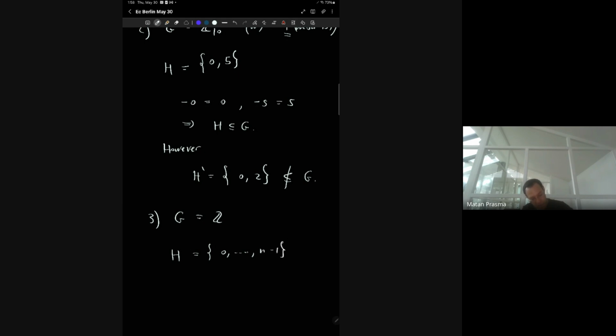Of course, when I say G is the integers, I really mean G being the integers with addition and the 0 element. And I pick some natural number n. This is what we refer to as Z modulo n. But this is not a subgroup of Z. Z modulo n as a set is not a subgroup of G.